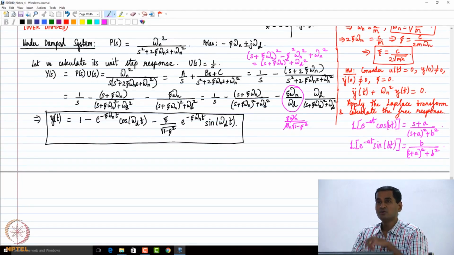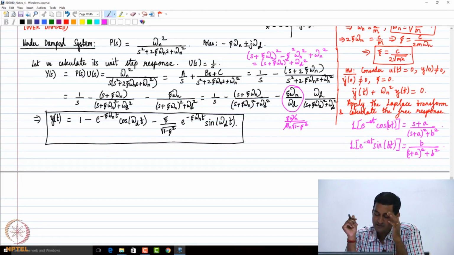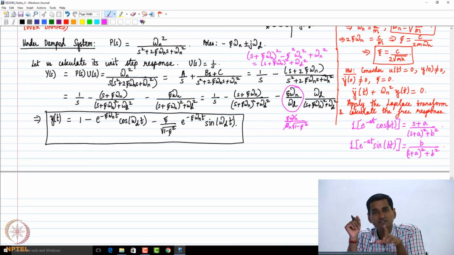So immediately we can see that the expression which we derived is the unit step response of the underdamped second order system, and it has two exponential terms. The exponential terms have the real part as the exponent.